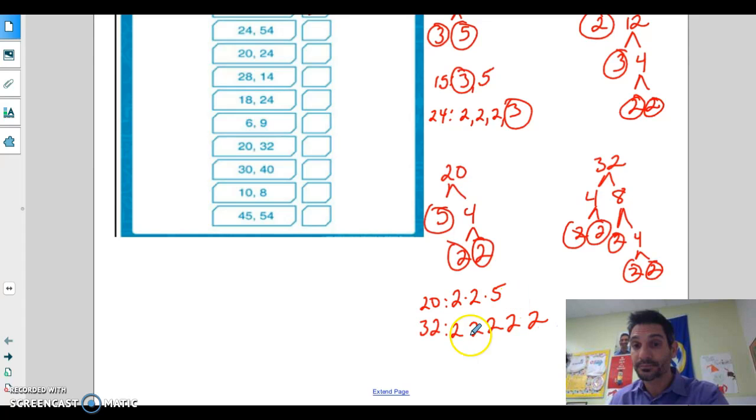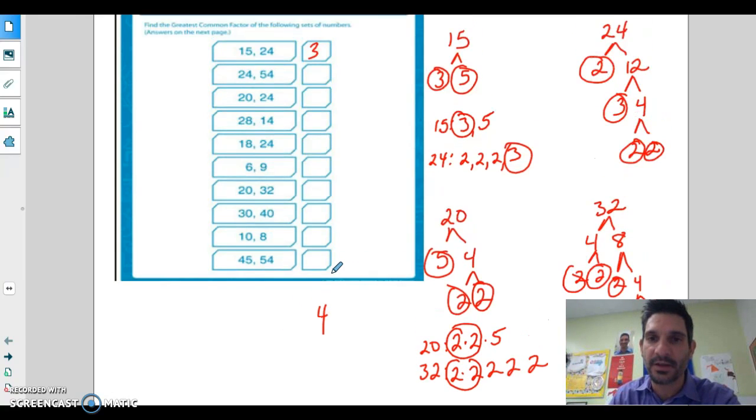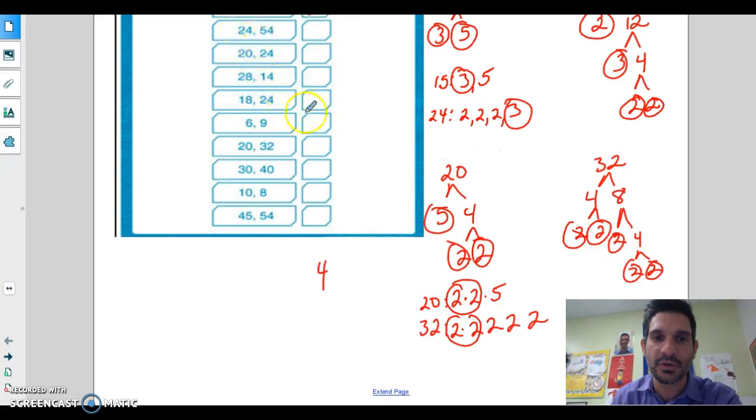Now you're going to say, oh, my greatest common factor is 2. It's not actually. How many 2s do I have in common? I have two here and I have two here. Yes, I have three more, but I don't have three more up there. So what is 2 times 2? Well, it's 4. So the greatest common factor of 20 and 32 is 4. Again, the more you know your multiplication facts, the better this is.